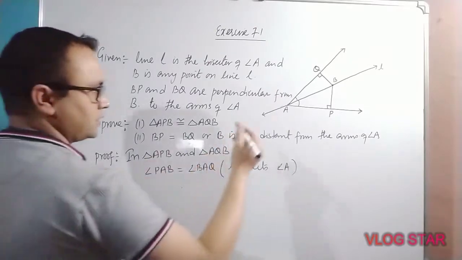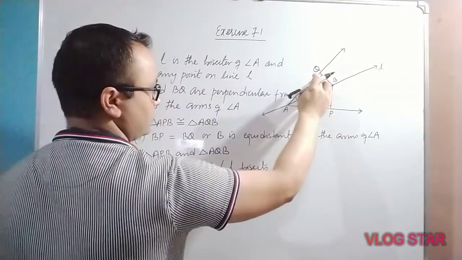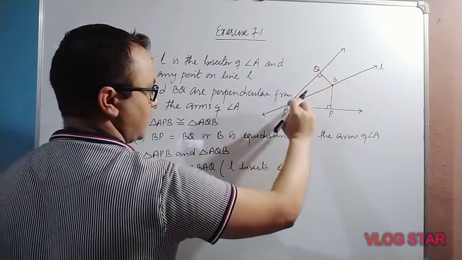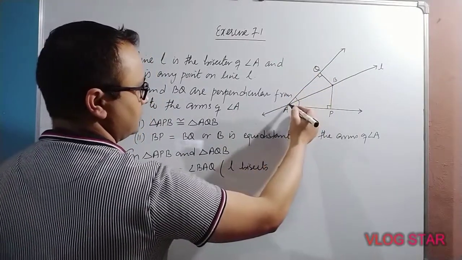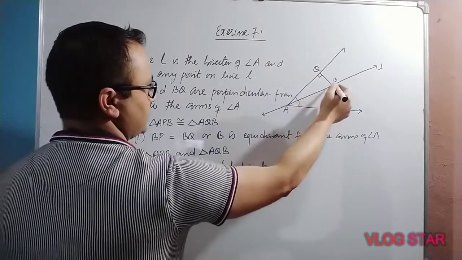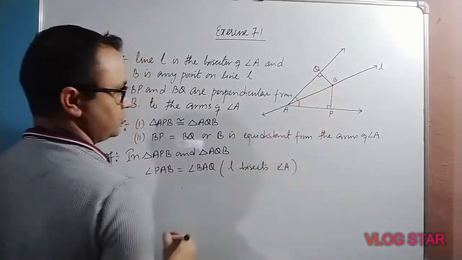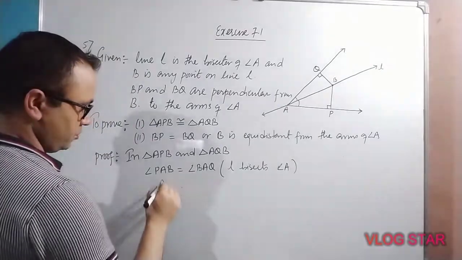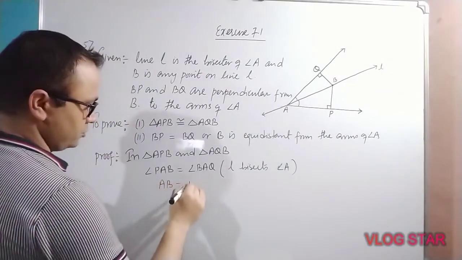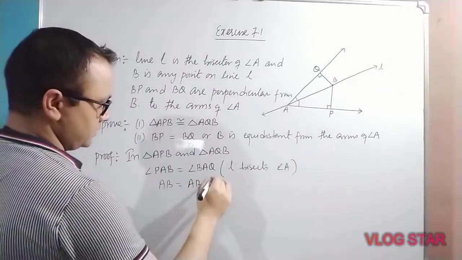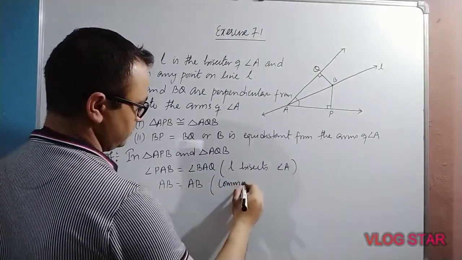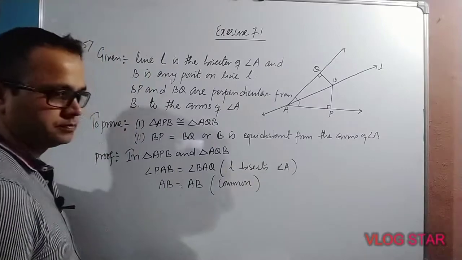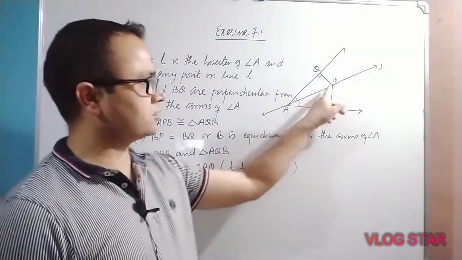Now the second reason: for triangle APB and AQB, this side is common to both triangles. So AB is common, and we can write AB equals AB.